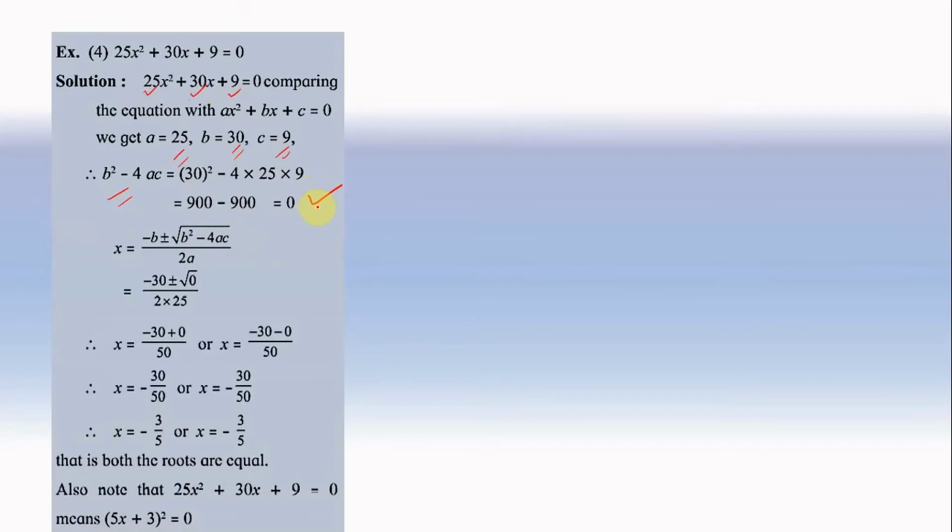That means the plus or minus has no meaning, the value of the total is zero. So since it is zero, what is left is only minus b upon 2a. That is what happened here. If that is the situation, there is no concept of two answers. You are having the same answer for both, because there is no plus and minus, it is all minus here, so both are equal.